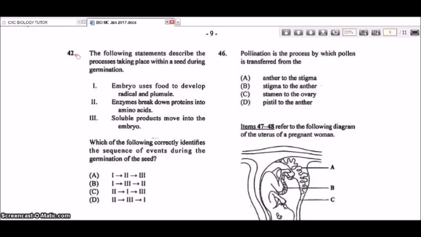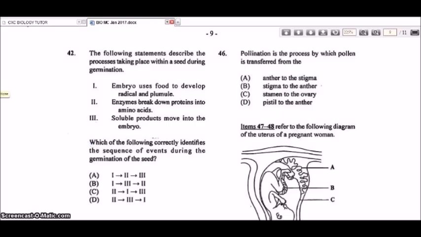Number 42. The following statements describe the processes taking place within a seed during germination. So first of all, we have embryo uses food to develop radicle and the plumule. So that's the young root and the young shoot. Number 2, enzymes break down proteins into amino acids. And 3, soluble products move into the embryo. So which of the following correctly identifies the sequence of events during the germination of the seed?